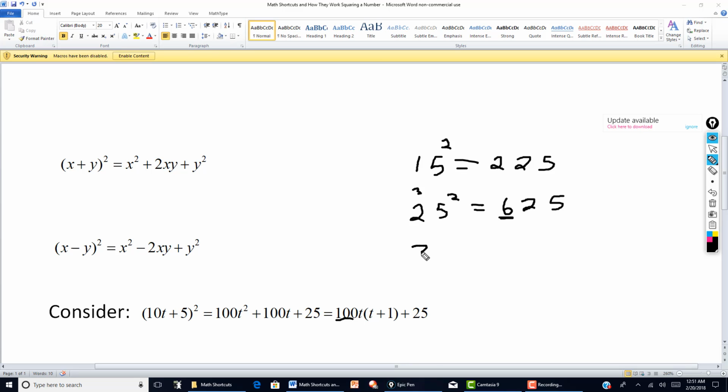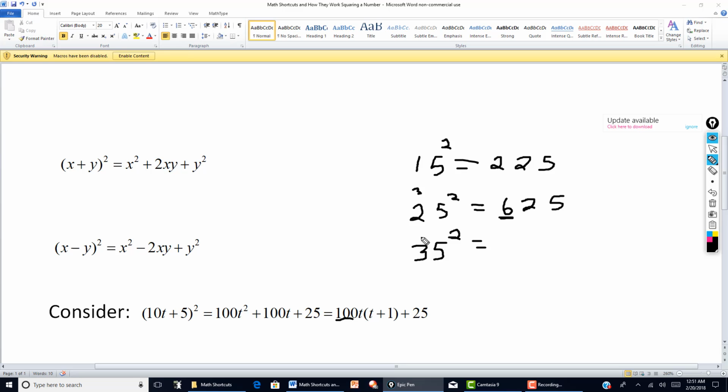Okay, let's look at 35. Again, what this formula is saying is if you're squaring a 2-digit number that ends in 5, it's always going to end in 25. So all you have to do is figure out the first part, and you do that by adding 1 to the first digit, which is in the tens place.